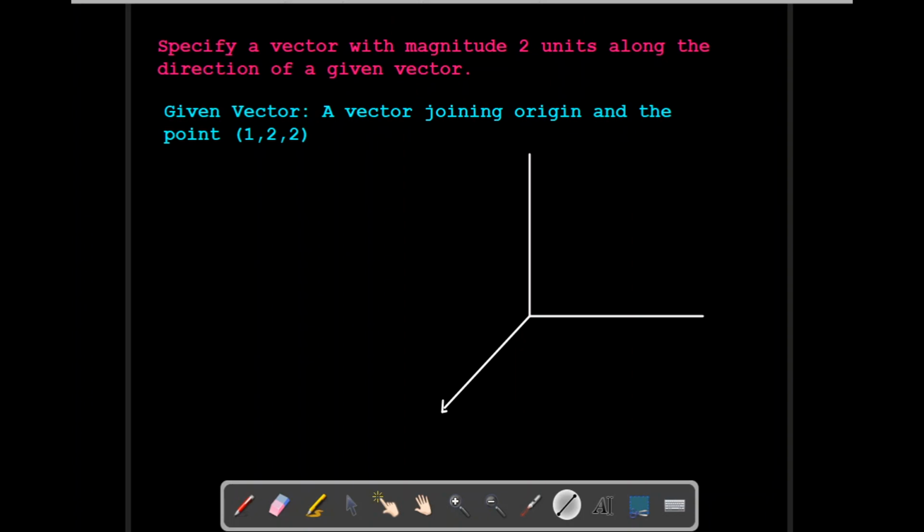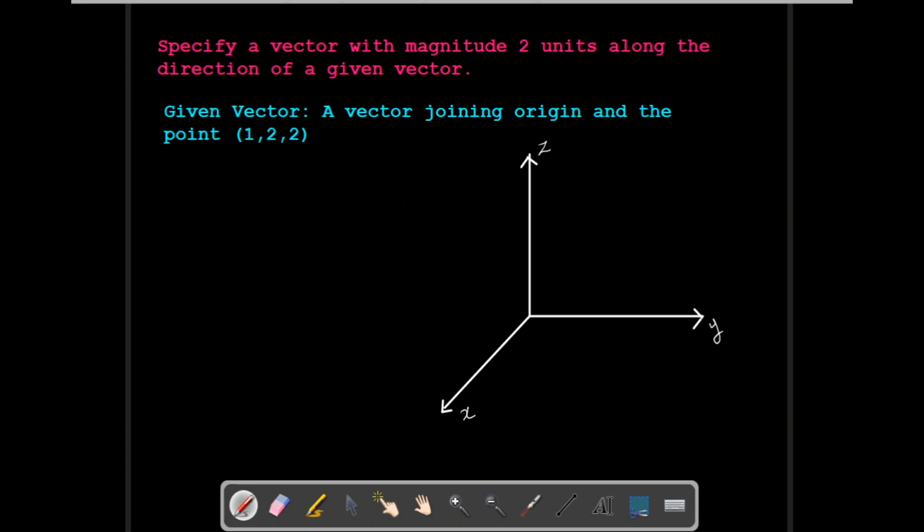Let me rotate the direction of these axes so that we will not have any confusion during the explanation. Let me write that this is X, this is Y, and this is Z.